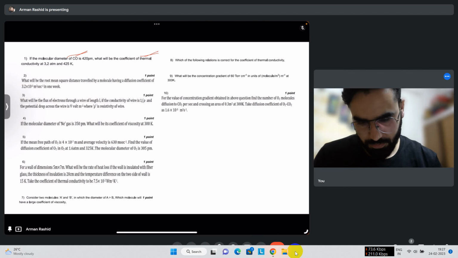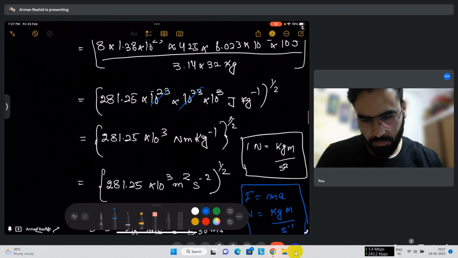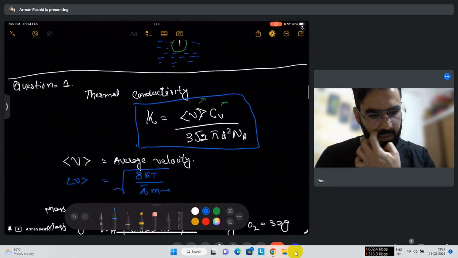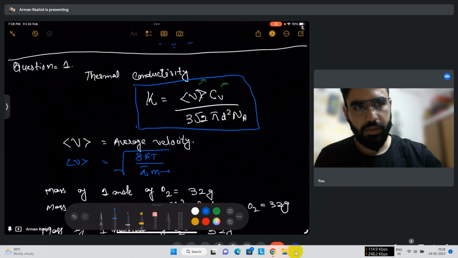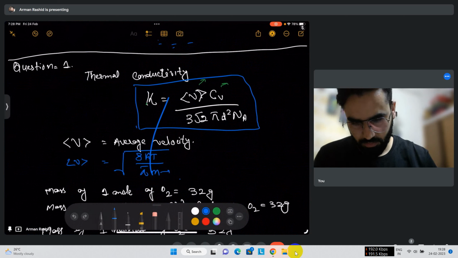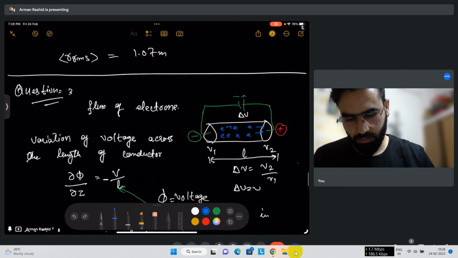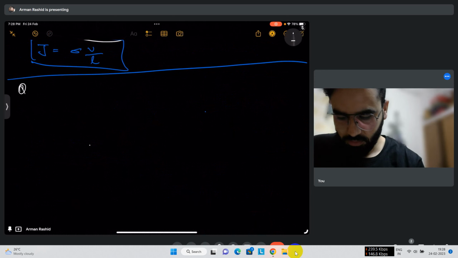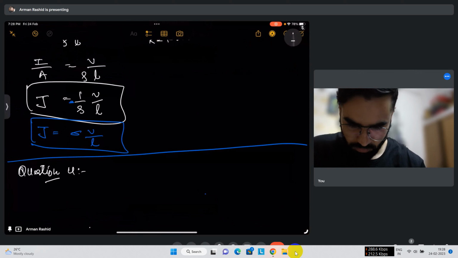If we look at the first equation here, we have a molecular diameter. This is related to thermal conductivity. So for the viscosity, now we have question fourth.